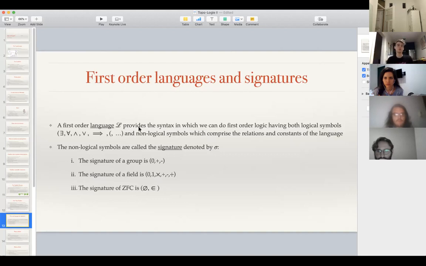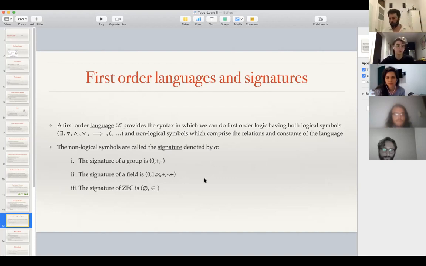For example, take a group, and I don't know how many of you are familiar with groups or fields. A group has one operation, like an addition, an identity element, and you can always take an inverse. So the signature of a group is the constant for the identity, 0, which you can imagine in, for example, the integers with addition, then the plus, and then the minus, which gives you the inverse of an element of the group.